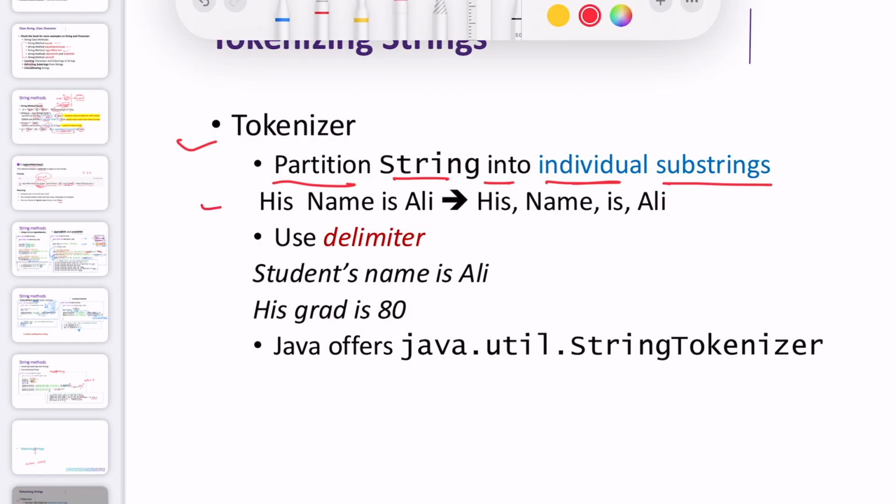If you have a sentence like "his name is Ali", if you want to split it into different tokens, you are going to use the delimiter. The delimiter is the spaces over here, which helps me to know that this is a word, this is a word, this is a word, and this is a word.